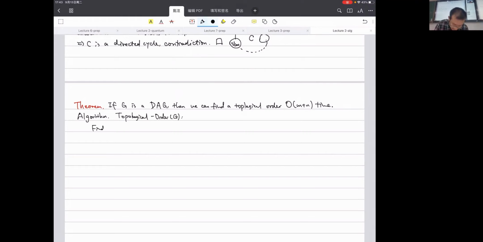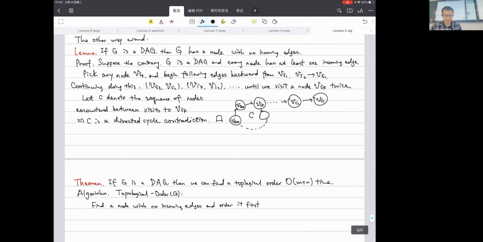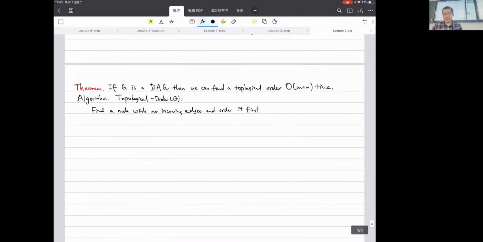So we find a node with no incoming edges and order it first. This is directly addressed by our lemma, because we have shown that if a graph is a DAG, then this graph must have a node with no incoming edges, and there always is such a node.